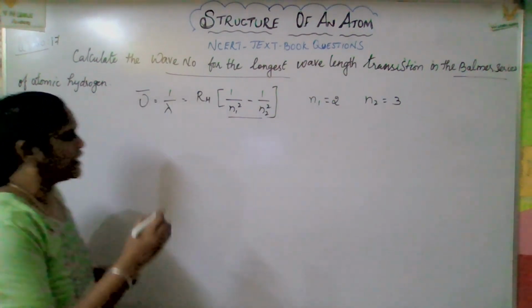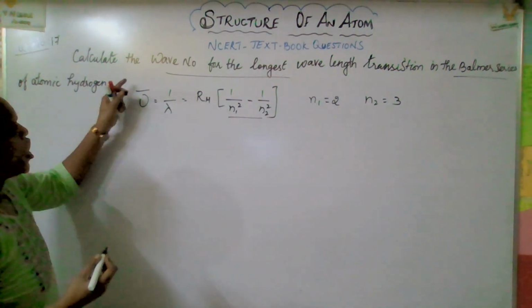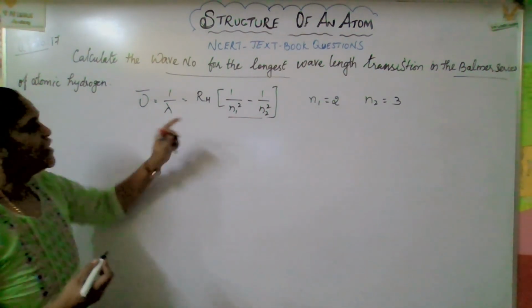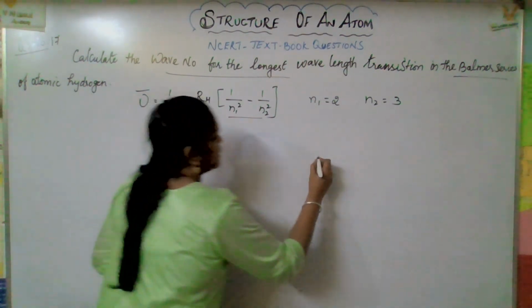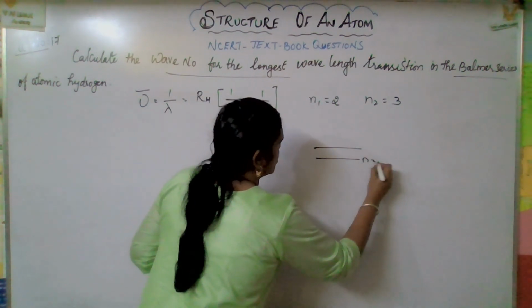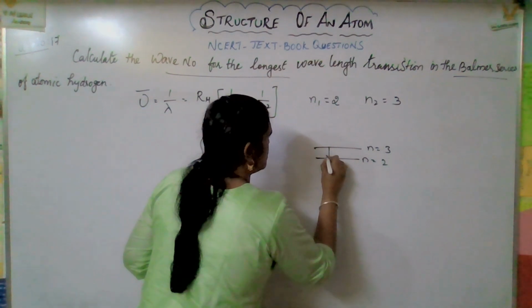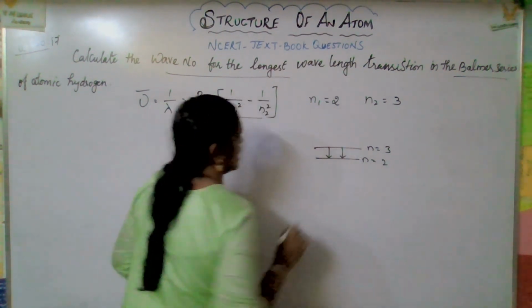Okay, now we found that n1 and n2. Now longest wavelength means shortest energy. So here, this is n equal to 2 and n equal to 3. So the energy comes from third level to second level.